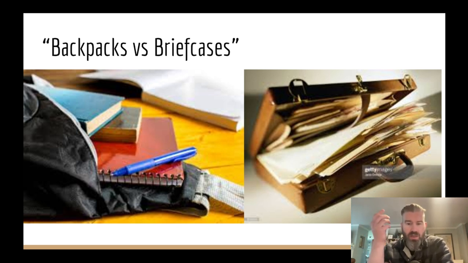In Carroll's article, they talk specifically about the difference between an instructor who comes into class with a backpack, like I do, versus somebody who comes in with a briefcase. How does that subtle change influence our perception of that person?